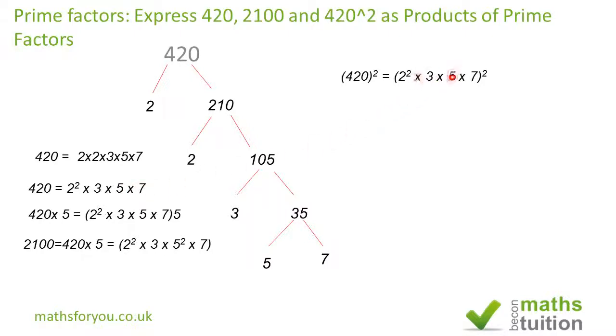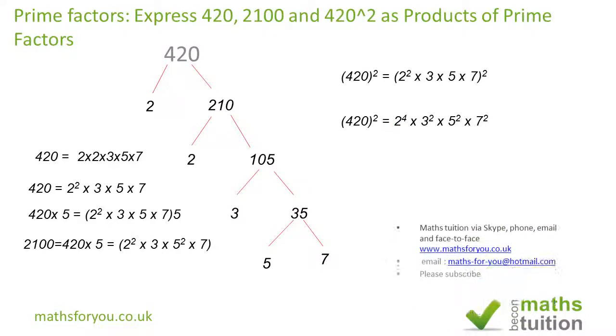If you then square that, because 420 squared becomes all that squared, you end up with 2 times 2, which gives you 2 to the power 4. 2 times 1, because there's a 1 as the power, just gives you 3 to the power 2. 2 times 1 will give you 2 there. And 2 times 1 will give you 2 there. So, 420 squared then becomes 2 to the power 4 times 3 squared times 5 squared times 7 squared.